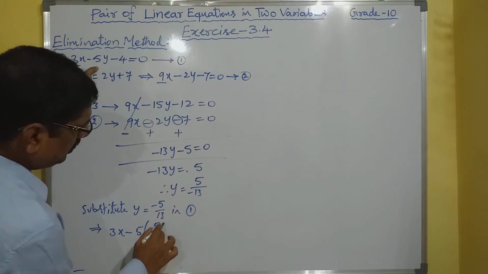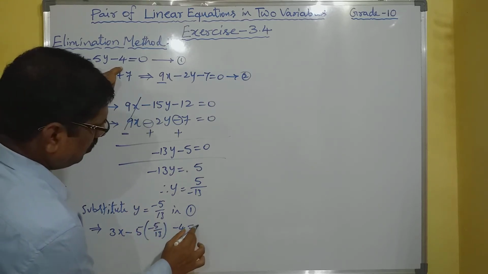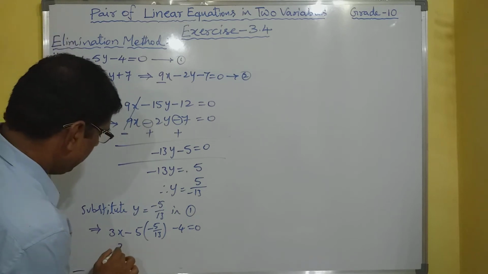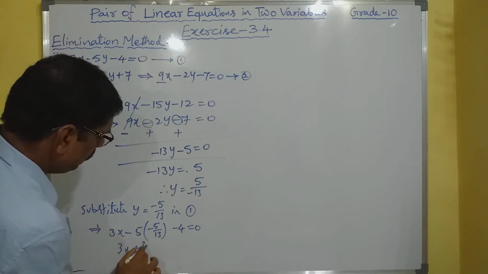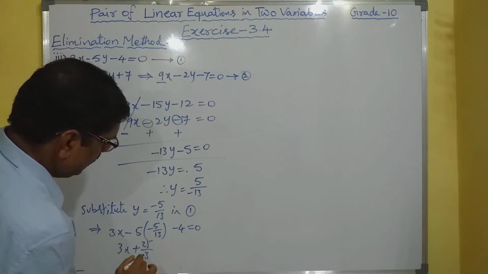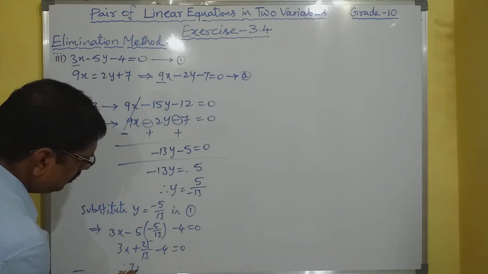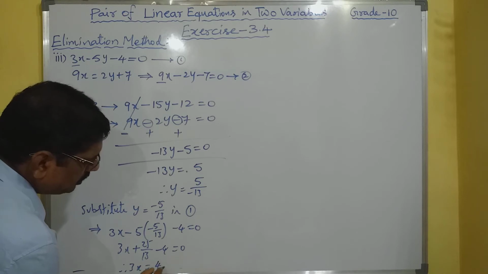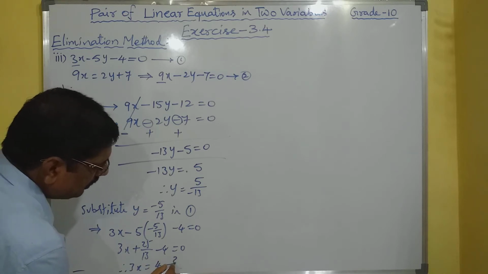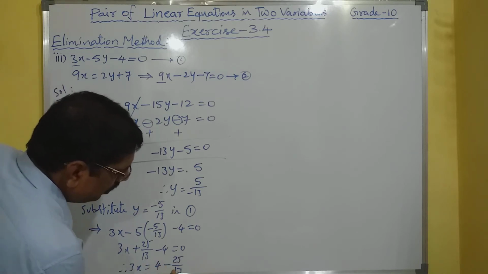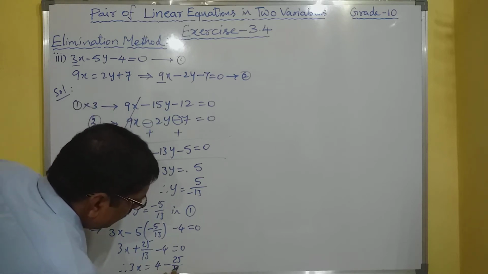Minus 5 by 13. Minus 4 is equal to 0. Now 3x minus 2 minus plus 25 by 13 minus 4 is equal to 0. Therefore, take minus 4 to RHS, and plus 25 by 13 will become minus 25 by 13.